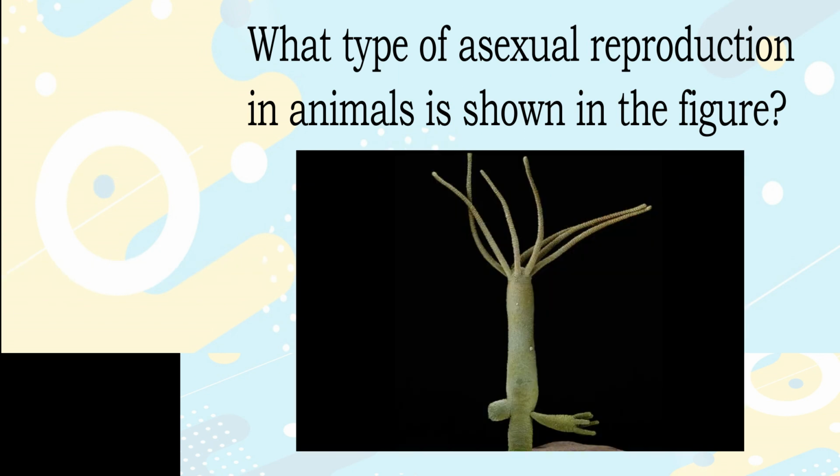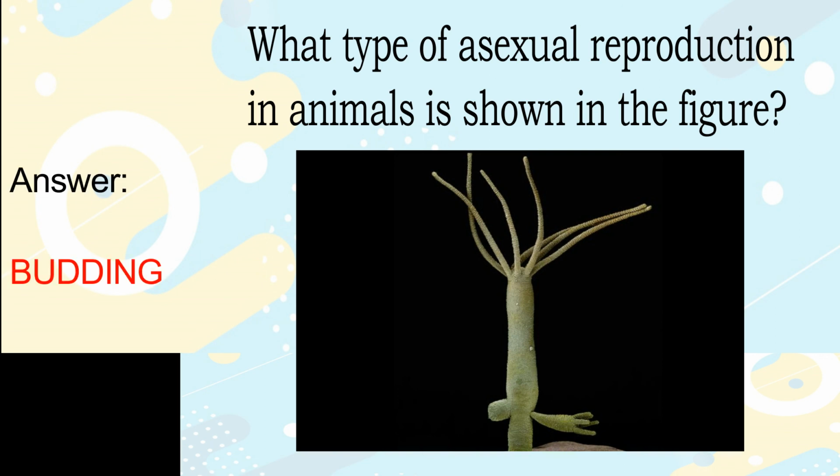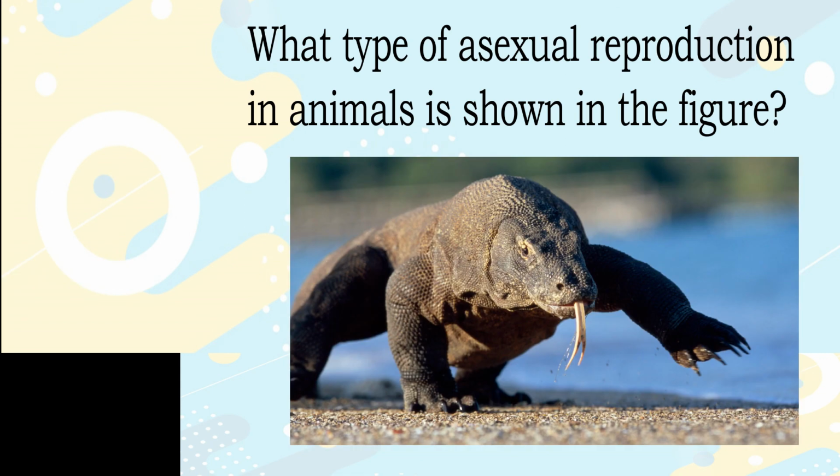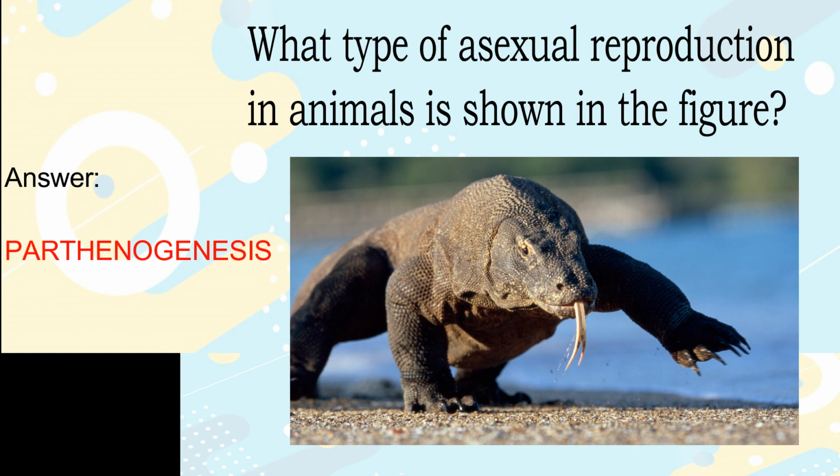What type of asexual reproduction in animals is shown in the figure? The correct answer is budding. What type of asexual reproduction in animals is shown in the figure? The correct answer is parthenogenesis.